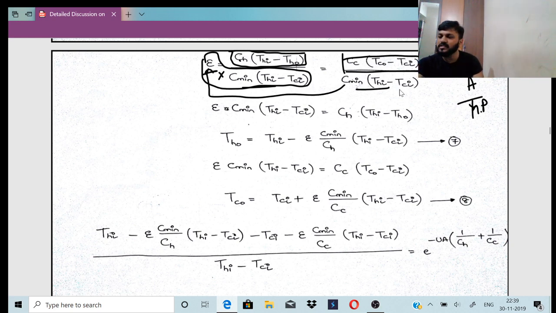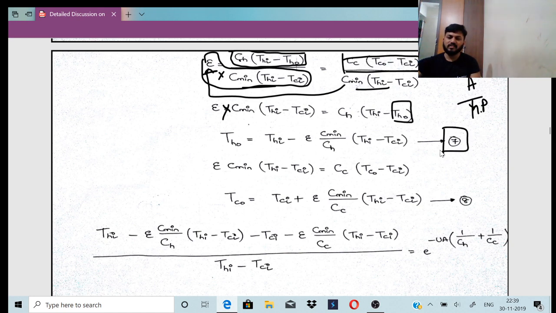C minimum (ThI minus TcI) into epsilon. So write it down. Epsilon into C min (ThI minus TcI) is equal to Ch (ThI minus Th naught). तो इधर से मैं Th naught का वैल्यू बाहर निकालूंगा.